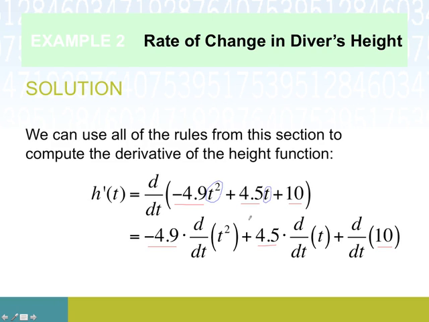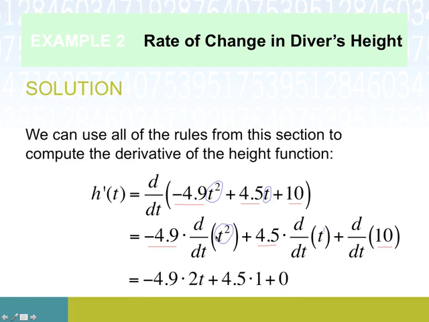These are relatively nice because they look exactly like power rule is ready to handle them. With the possible exception of this, t is really t to the first power, so that's not too much of a stretch. Really, all the derivative stuff has been reduced to what is the derivative of t squared, and what is the derivative of t. These are both power rule computations we can do pretty quickly.